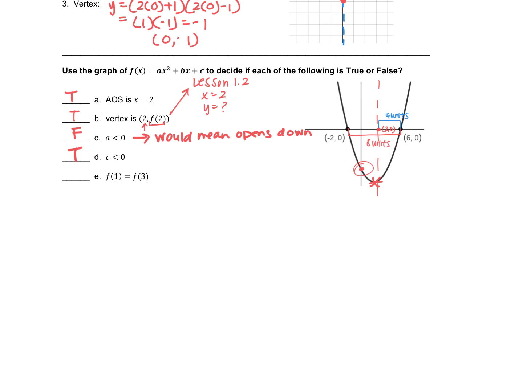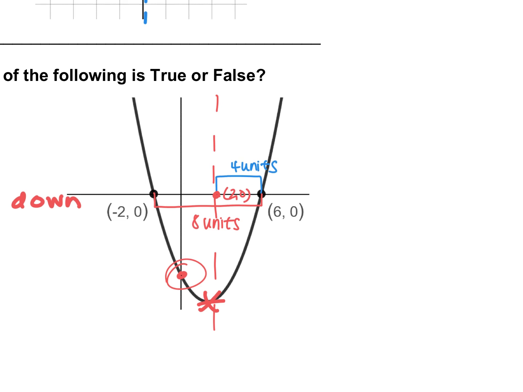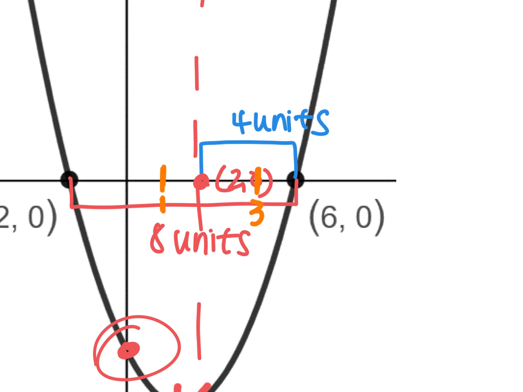Okay? And then the last one, it says f of 1 is equal to f of 3. So let's look at this. If this spot right here, on my axis of symmetry, is 2, then 1 would be right here, and 3 would be right here. So here's my axis of symmetry at (2, 0).